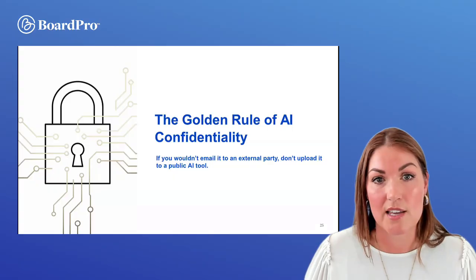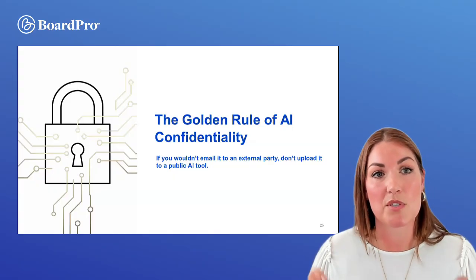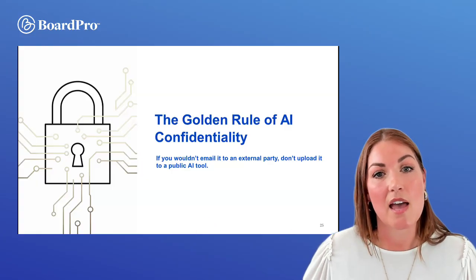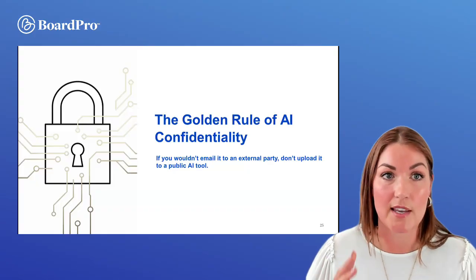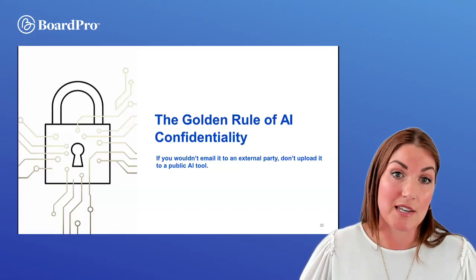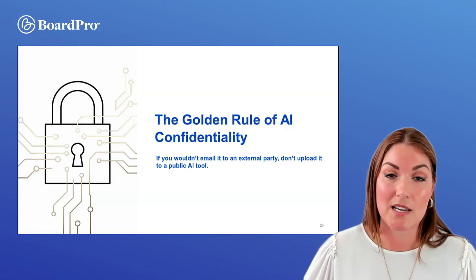So I just want to touch on here the golden rule of AI confidentiality. I've been made aware that some people take their own notes or take a transcription from a meeting and then put that into the LLMs like ChatGPT, Claude, Gemini, and ask that to summarize their notes into meeting minutes.